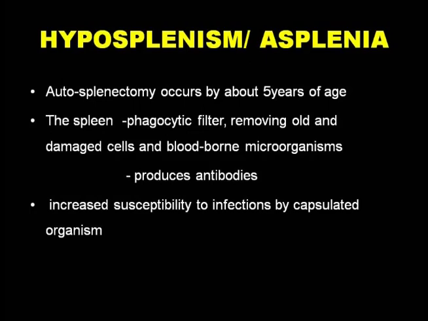And also we know that the spleen has a role in producing antibodies as well. So because they undergo asplenia, they don't have these added functions of the spleen, like the phagocytic filter and production of antibodies, so they have increased susceptibility to infections. The main organisms are the encapsulated organisms, which she talked about, the Strep pneumoniae and the Haemophilus influenzae, and all the rest.